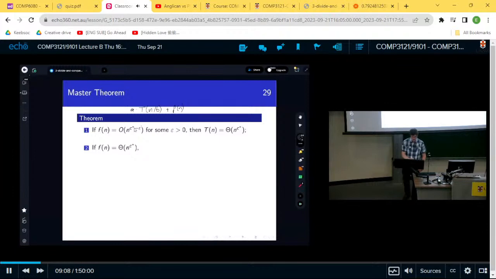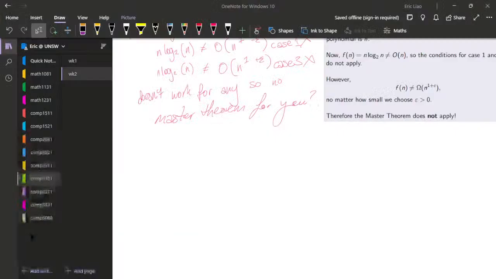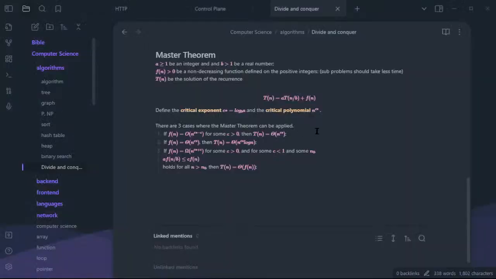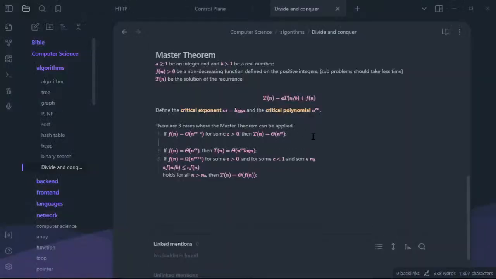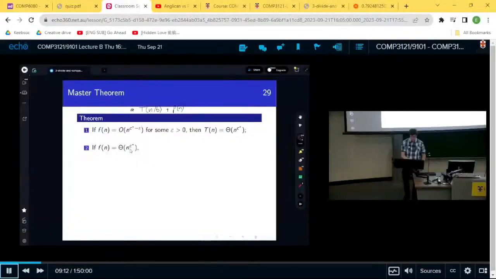If the running time needed for the combination step is equal to the size of the recursion tree, then we have a multiplicative log n factor in our running time.